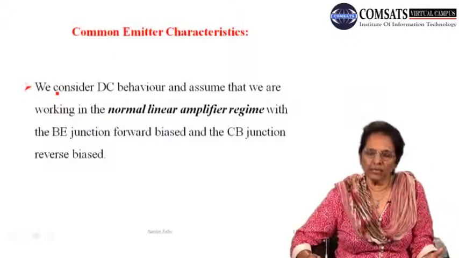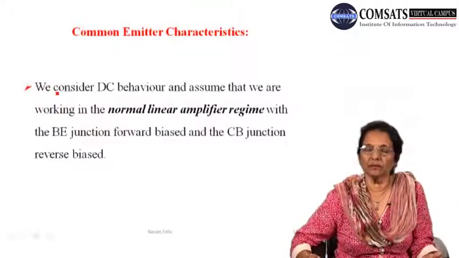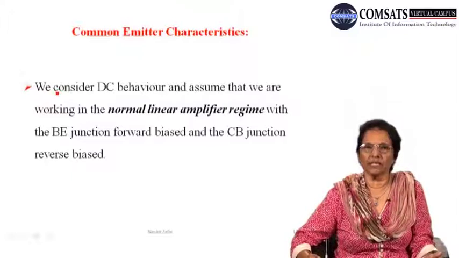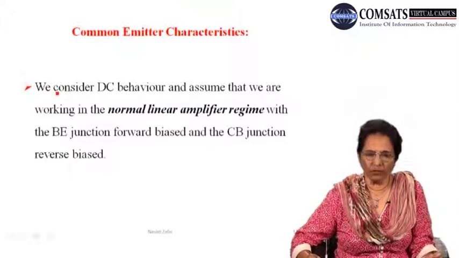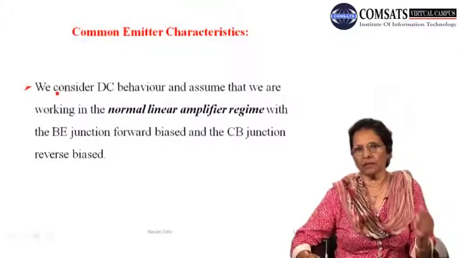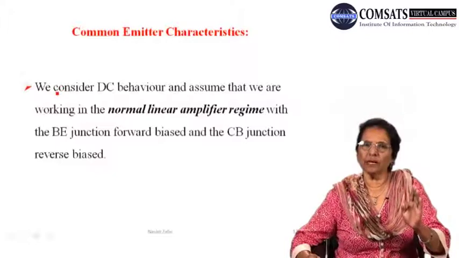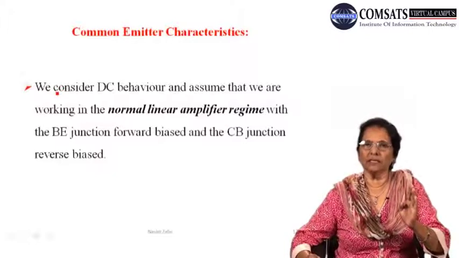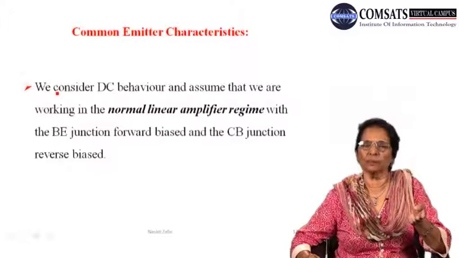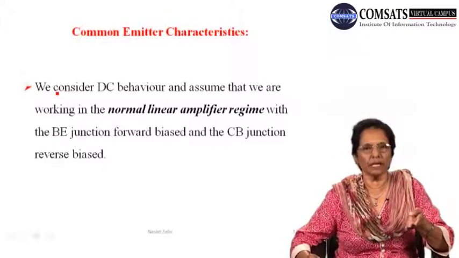So let's start with the IV characteristic of the common emitter configuration, the current-voltage characteristics for a common emitter configuration. Now, in this particular lecture, so far we are assuming that we are biasing the given transistor, whether it is PNP or NPN, only with DC biases.